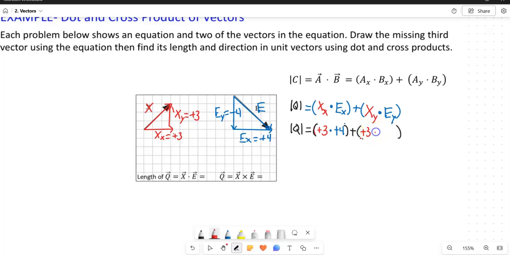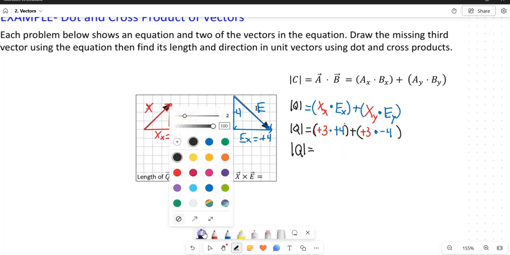And we're going to multiply that by the y component of e, which is going to be negative 4. Okay, so we're actually going to be doing some subtraction here. So this is going to be 12, right?